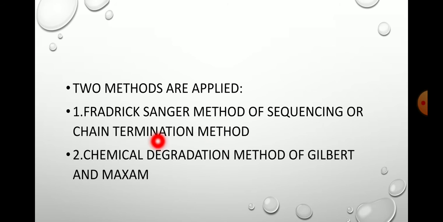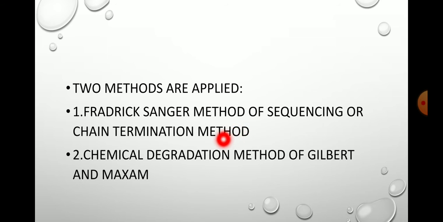And why do we call it the chain termination method? It is called the chain termination method because the extension of the DNA sequence would not be possible if we add ddNTP, that is the dideoxynucleotide triphosphate.